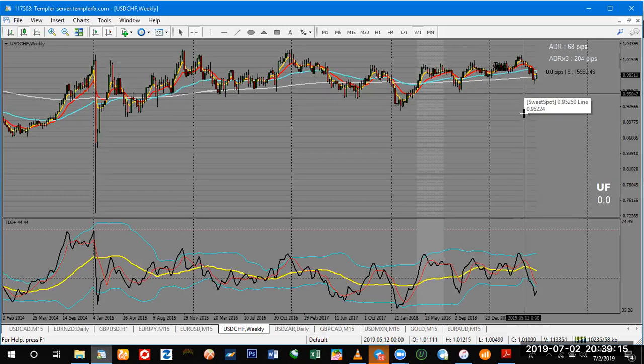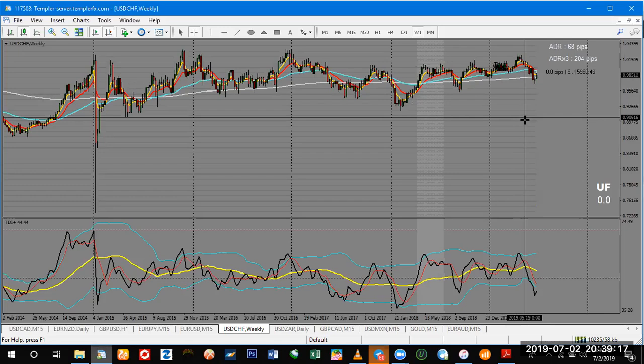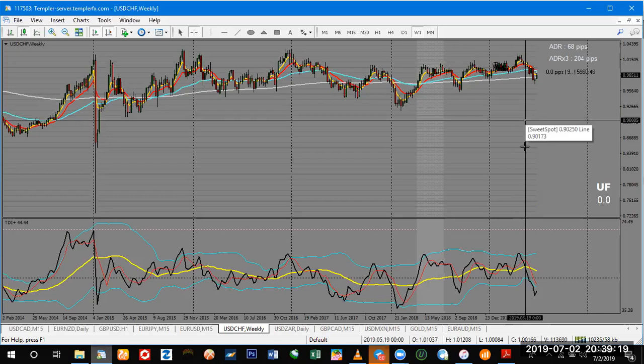That's 0.9. There is 1,000 pips. You can see here, this is 1,000 pips. And in between, you can find the 500 pips here, the 8500.